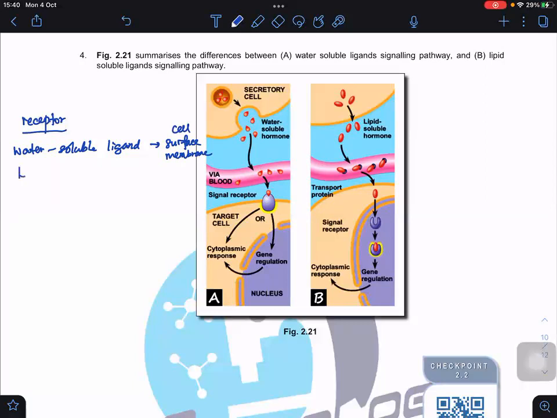But for a lipid-soluble ligand, it is free. The receptor can be at the cell surface membrane, no problem. It can be inside the cytoplasm, no problem. It can be inside the nucleus, no problem. Are you clear? This is the main location difference of the receptor.